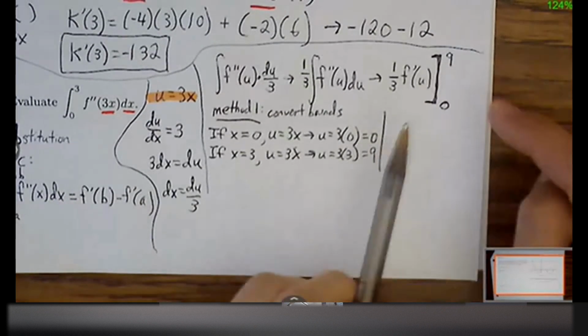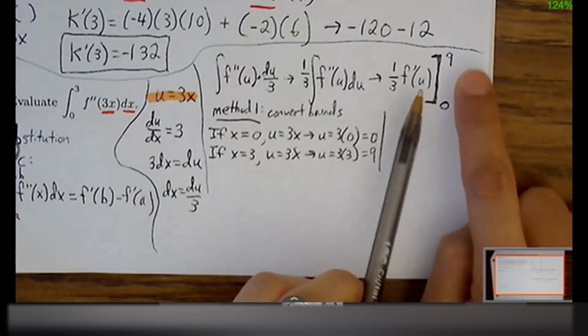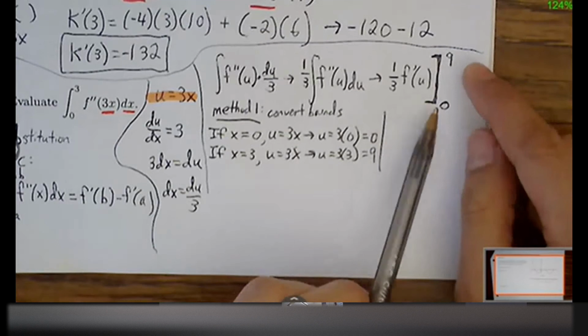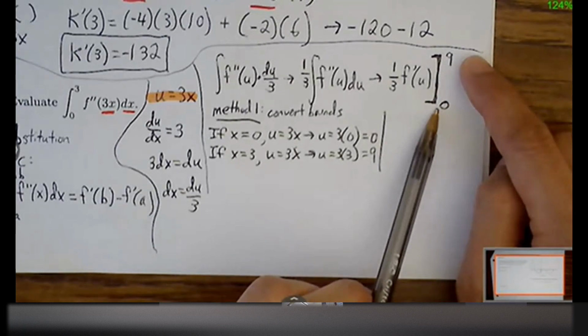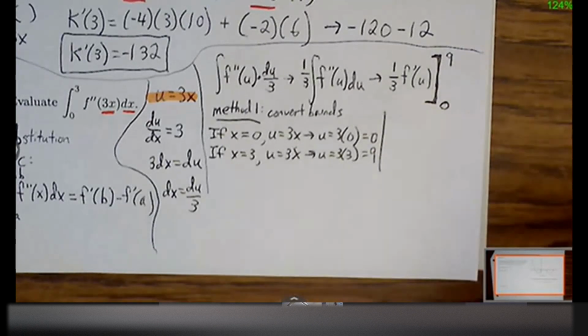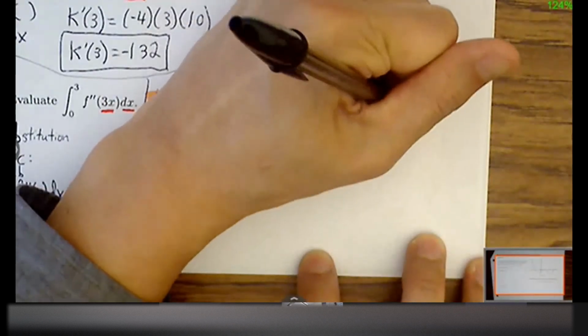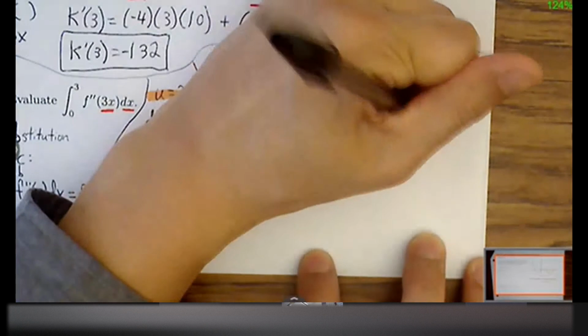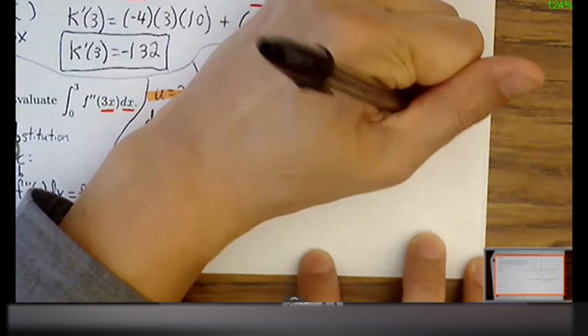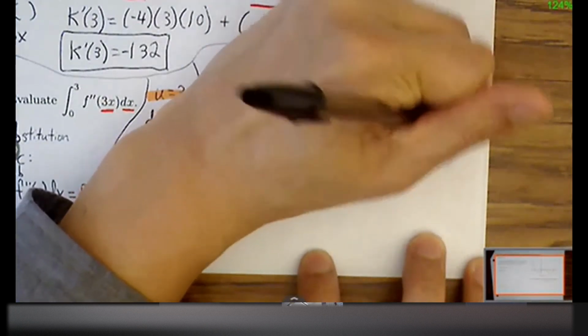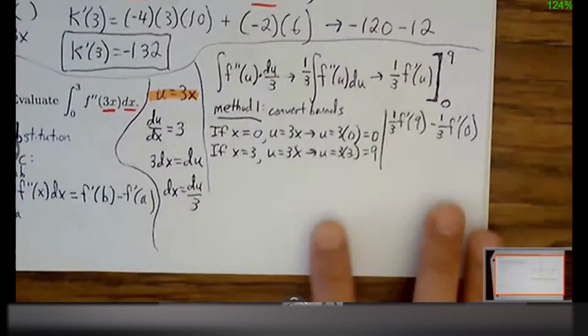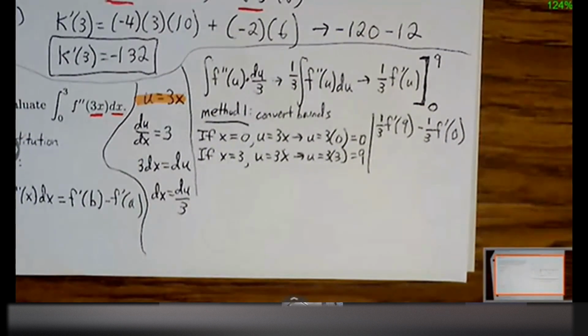Okay. Now I have a consistent variable here, right? Bounds are in terms of u, my antiderivative in terms of u. Now I can plug in. Upper bound first, followed by lower bound. F prime of 9, we go to our table.